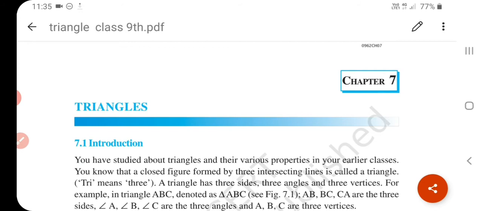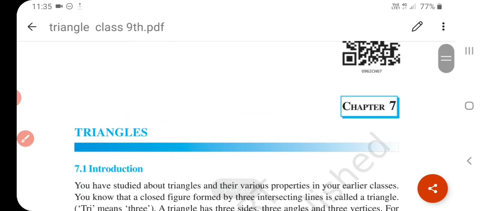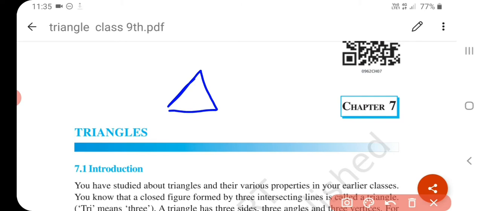We know that a plane figure closed by three intersecting lines is called a triangle. Here tri means three. A triangle has three sides, three angles and three vertices, and it is denoted by the symbol. This is the symbol which we have denoted to triangle. Now, we give the name ABC or PQR and so on.